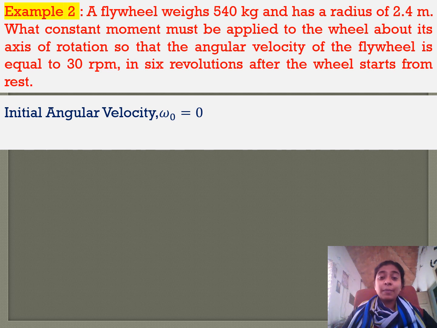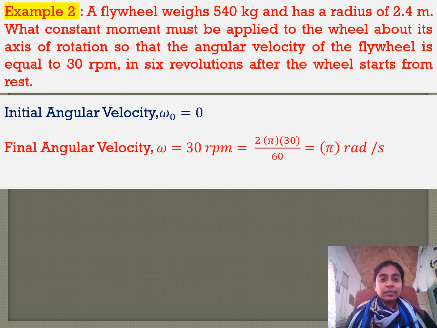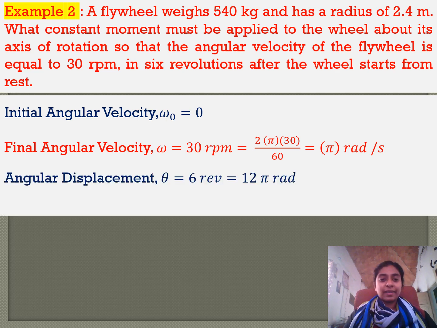Initial velocity is not given, so we assume that it is at rest. So, omega naught is equal to 0. Final angular velocity is taken as 30 revolutions per minute, which is equal to pi radians per second.